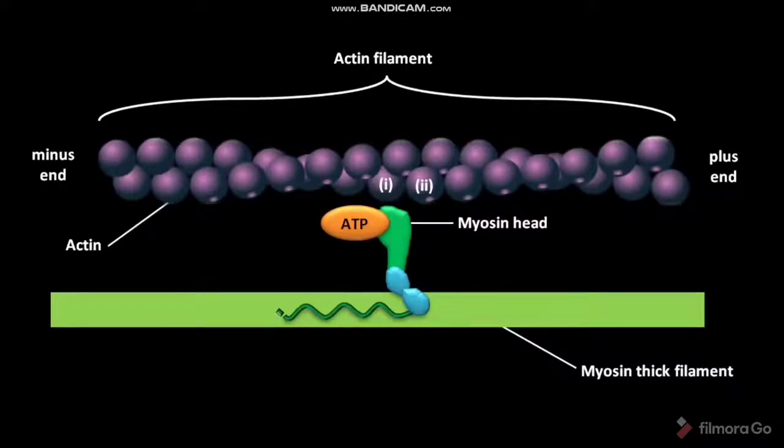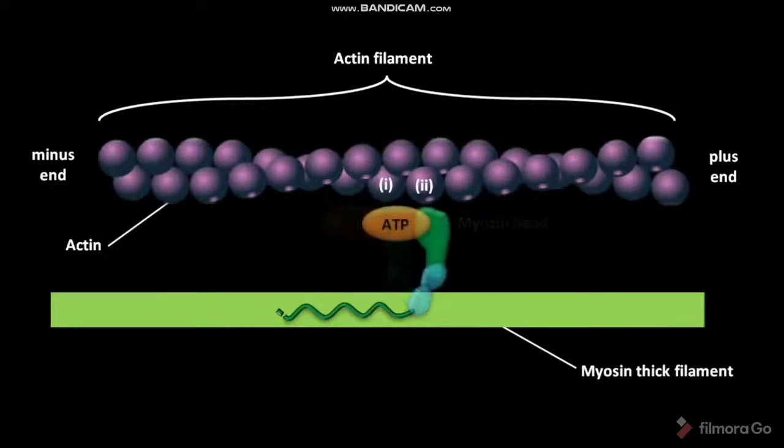This closing of the cleft triggers a large shape change. Due to this large shape change, the myosin head displaces along the actin filament by a distance of about 5 nanometer. The bound ATP then undergoes hydrolysis to produce ADP and Pi, or inorganic phosphate.